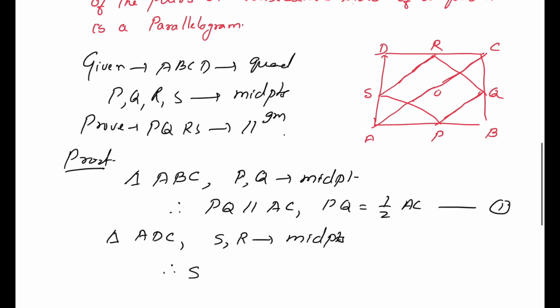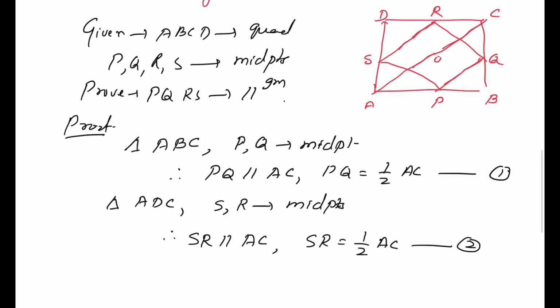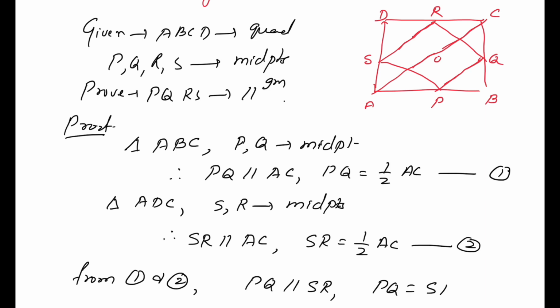Therefore, SR is parallel to AC and SR is equal to half of AC. So, from 1 and 2, we can say PQ is parallel to SR and PQ equal to SR. Therefore, PQRS is a parallelogram.